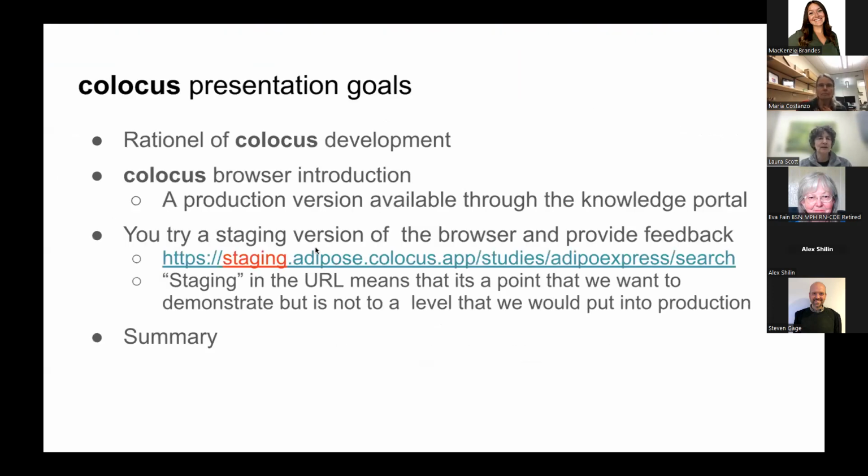So the goals of my presentation are the rationale, an introduction, and then to provide you an ability to actually use the tool, because we would love to get feedback from you. I just want to point out that this is a tool in development, and so there may be bugs in the staging version.